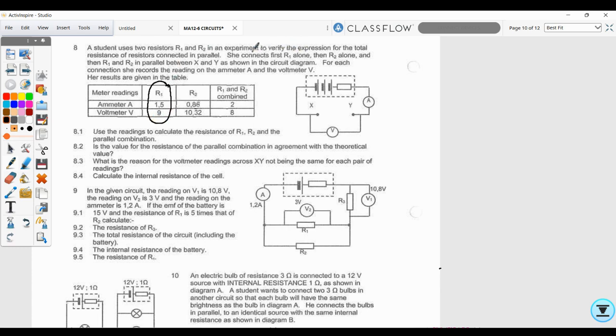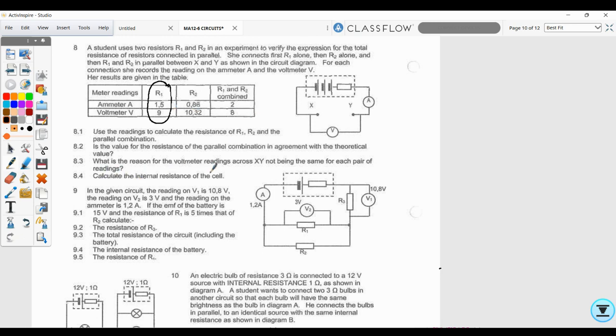It says she connects R1 alone, then R2 alone, and then R1 and R2 in parallel. So this is for R1 alone, this is for R2 alone, and this is for them combined. So for each of these, I would be different. That means V internal would be different for each of them, so the external voltage would be different. And you can see it. They're all different.